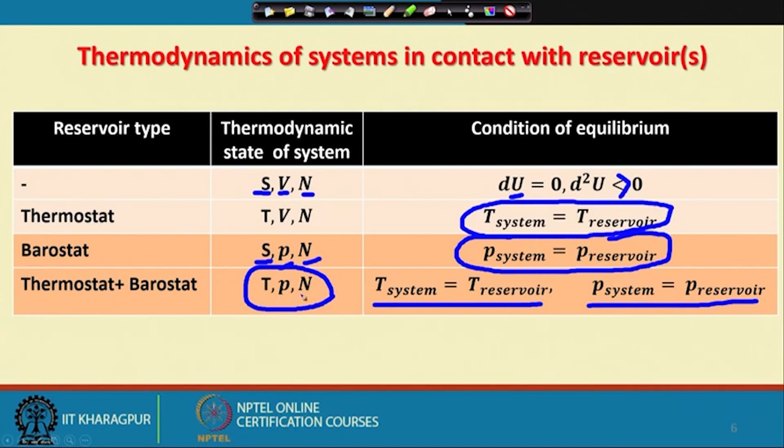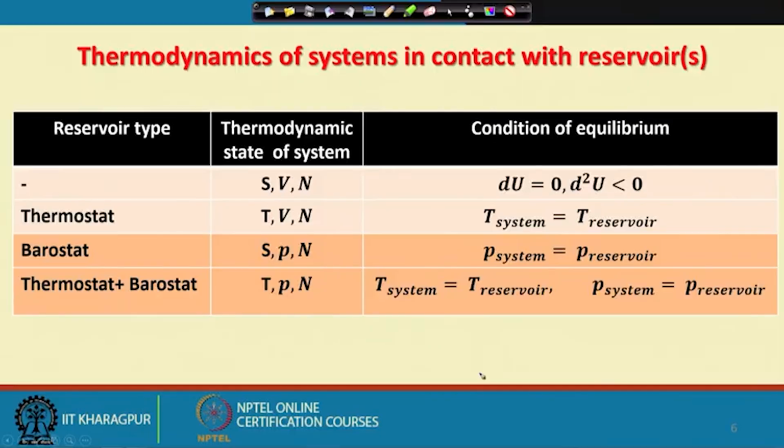Now, in this particular case, what we see is, in the isolated system, we have described the equilibrium condition in terms of an extensive variable. What was that? That was internal energy. So, we talked about the condition of equilibrium as minimization of internal energy.